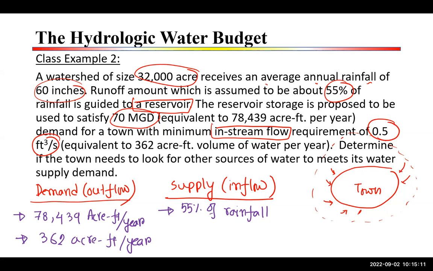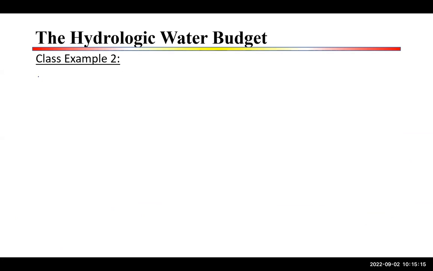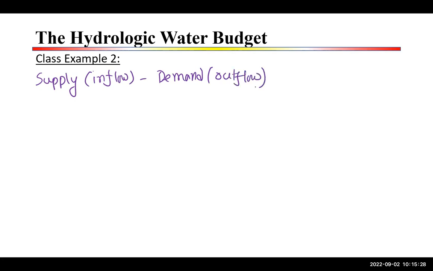Are we good up to this point, everyone? Okay, so supply or inflow, minus demand, outflow, equals the change in storage over time. So the inflow is what?